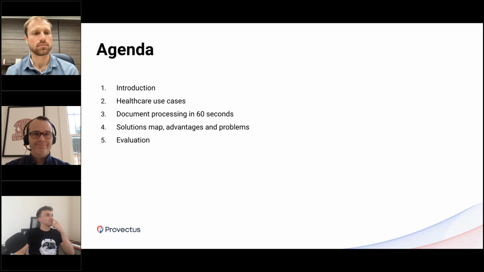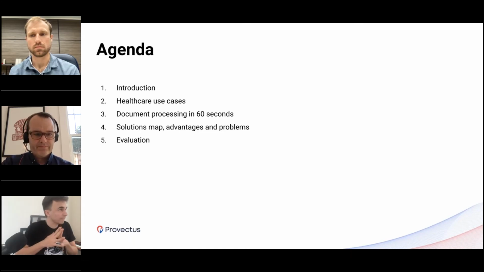Let's quickly go through the agenda. Our webinar is grouped into 5 logical blocks. Each of them is a logical continuation of the previous one. We'll start with an introduction and setting up the context of this webinar. Then we'll switch to the main section of the webinar, where we will first go through healthcare use cases for document processing solutions.